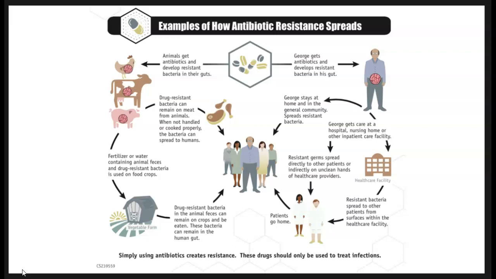We've also seen the overuse of antibiotics in medical settings. For example, we know that infections can be caused by a variety of different pathogens, including viruses, fungi, and bacteria. Our medications, our antivirals and antifungals, aren't typically as useful as antibiotics.